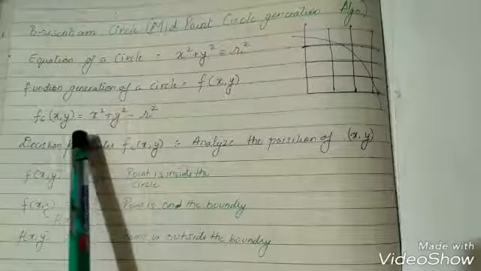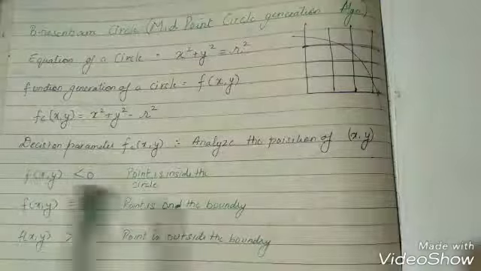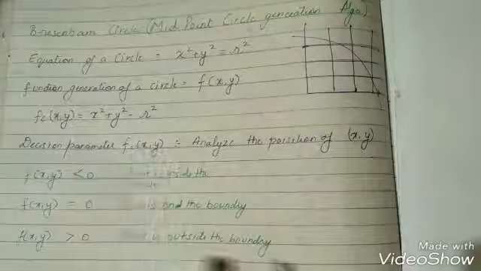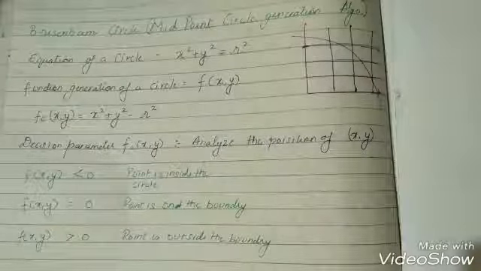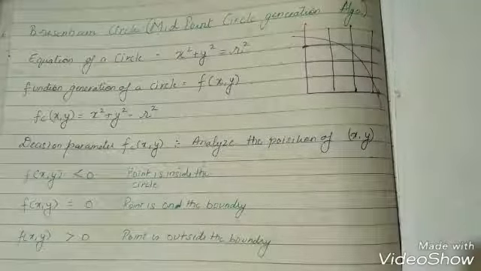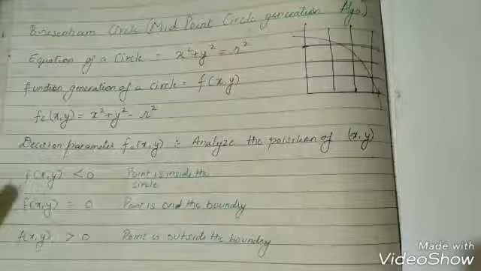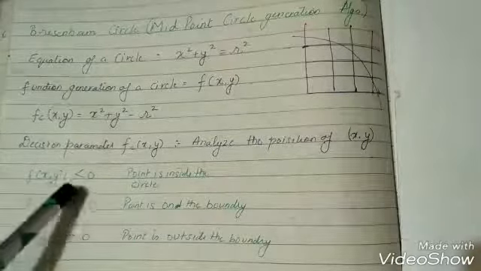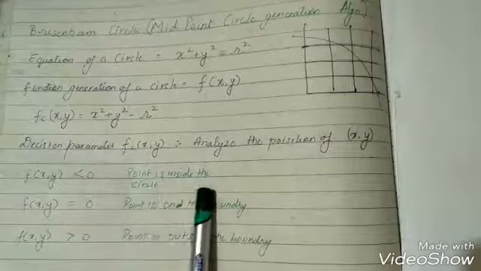With the help of this decision parameter, f(x, y), we can analyze the points or positions we will select to represent the pixels. If the value of f(x, y) is less than 0, the point is inside the circle.